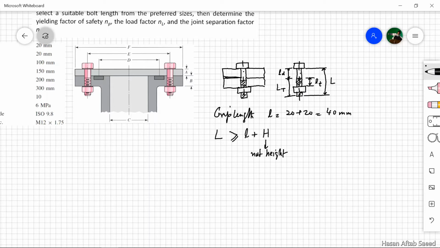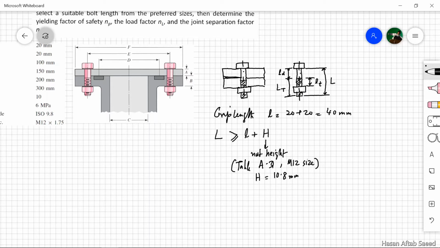They must engage. Now in table A31, against a bolt size of M12, we can read that nut height H is equal to 10.8 millimeters, because this M12 is given to us, so we don't need to worry about this one.